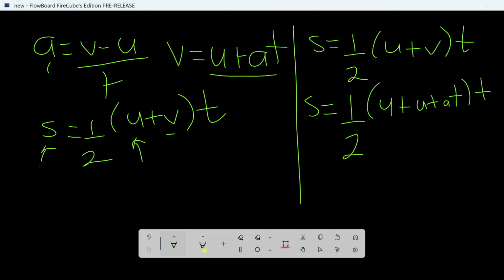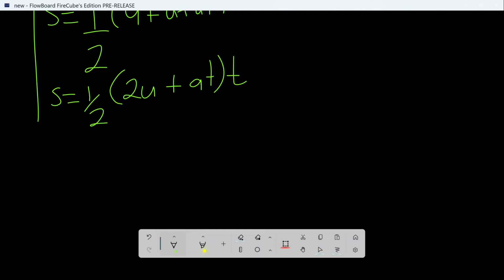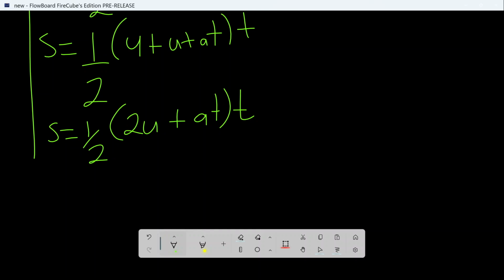So if we continue this, we have s equals a half times u plus u, that's 2u, plus at, the whole thing in brackets times t. Continue a little bit more, and we'd have s equals a half of (2u plus at) t.